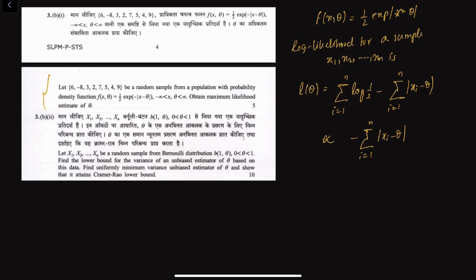So maximizing this L(θ) is equivalent to minimizing this particular thing. So let S(θ) be summation i = 1 to n |xi - θ|.